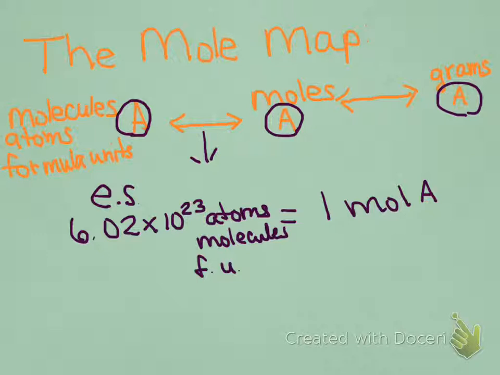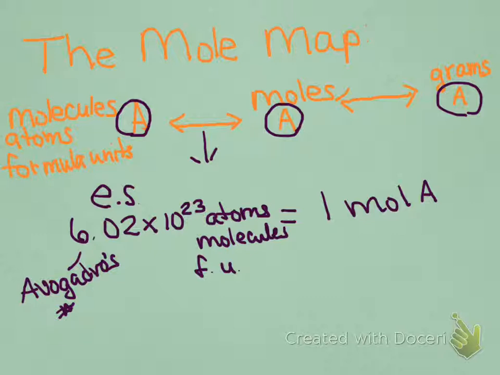Remember, this is called Avogadro's number. So if I want to go between molecules, atoms, or formula units to moles, I know that 1 mole is equal to 6.02 times 10 to the 23rd of those things.